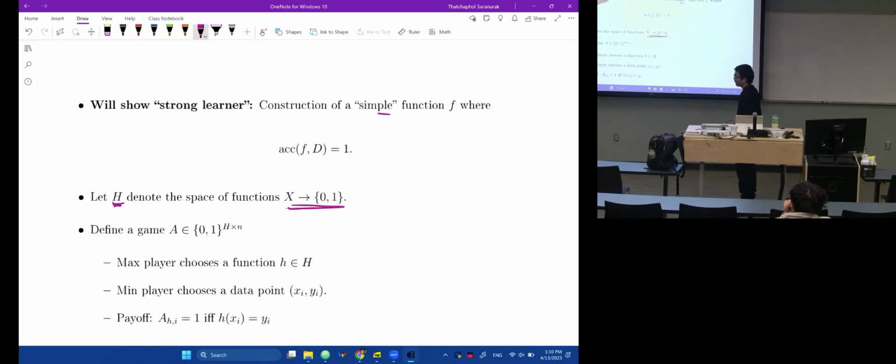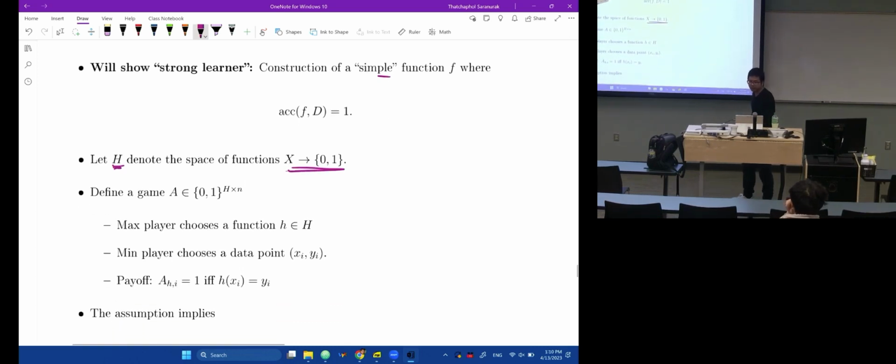Now there will be two players. The max player will choose the function. The min player will choose a data point. And the payoff is that if the function on this data point i is correct, if you predict correctly, then you get 1. So the max player gains something if it predicts correctly. It's just a natural, simple game.